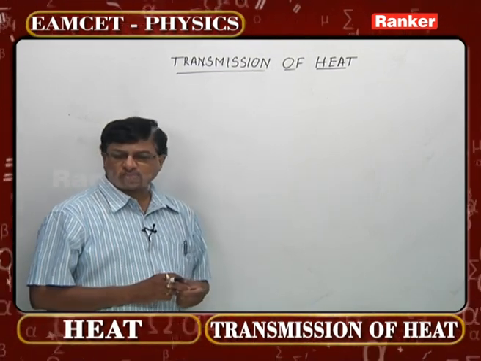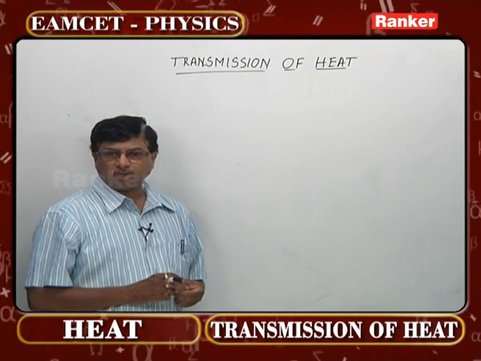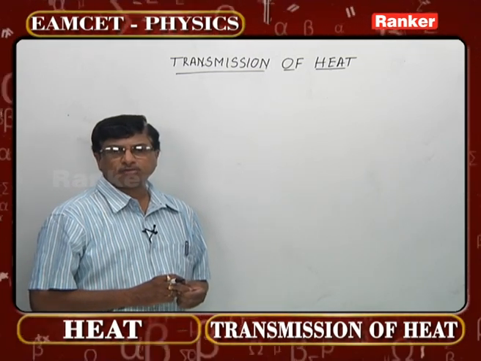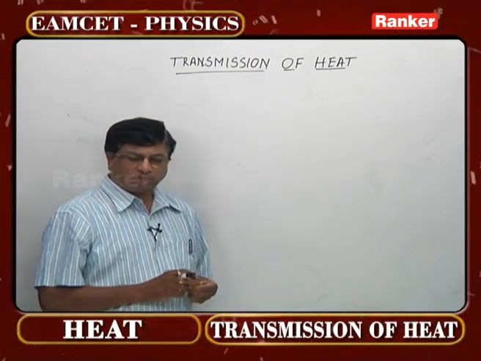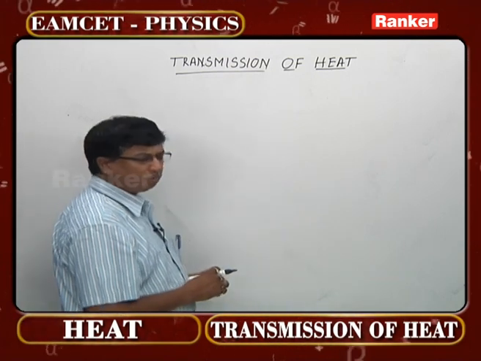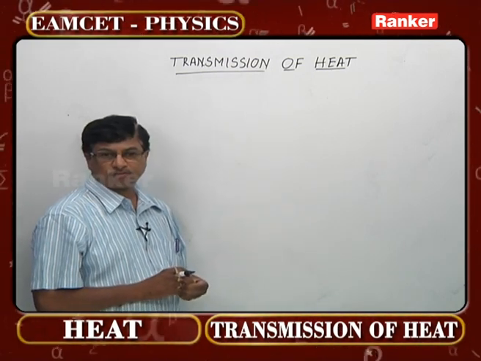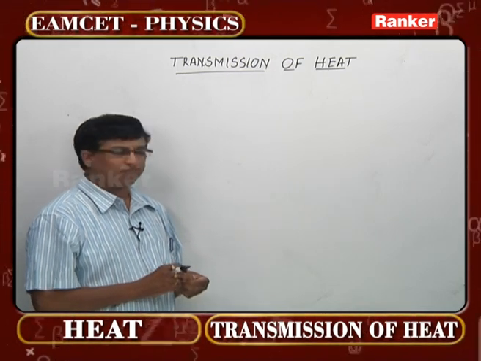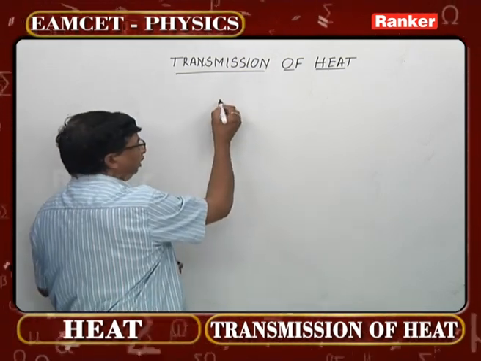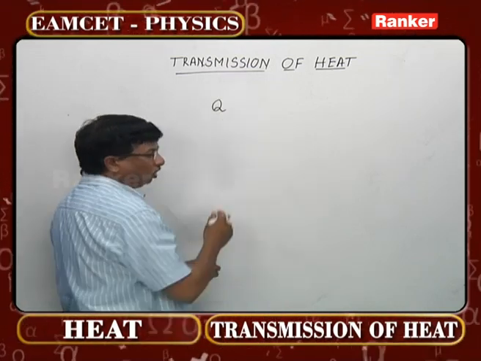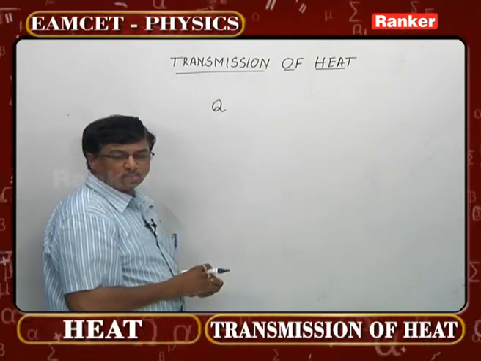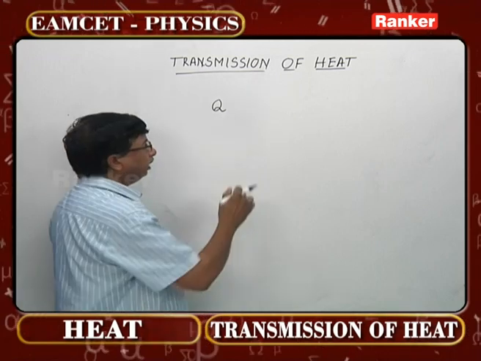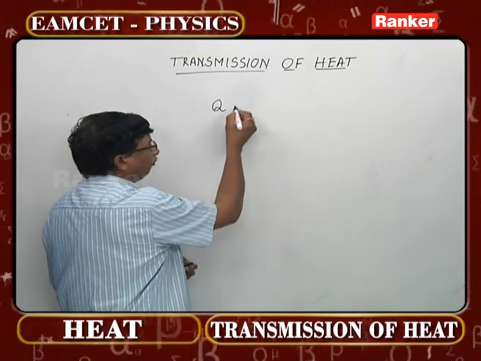While discussing this chapter, few formulae first of all everybody should have in memory. One is the concept of thermal conduction, that is, conductivity of heat through a metal. In fact, the quantity of heat conducted through a metal rod or a metal cube, whatever the body be, mainly depends on four factors.